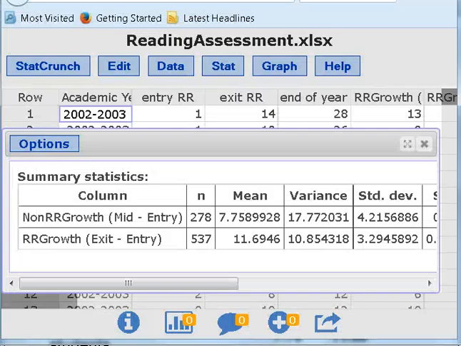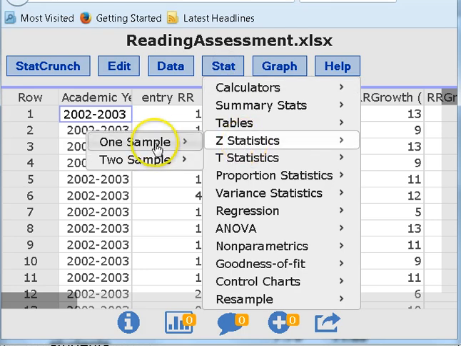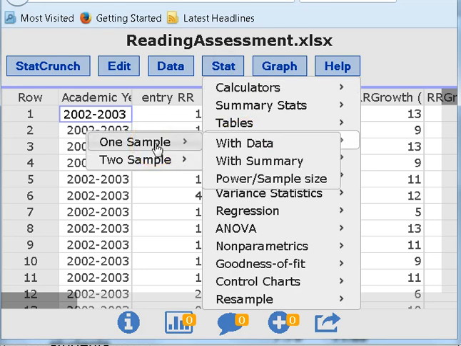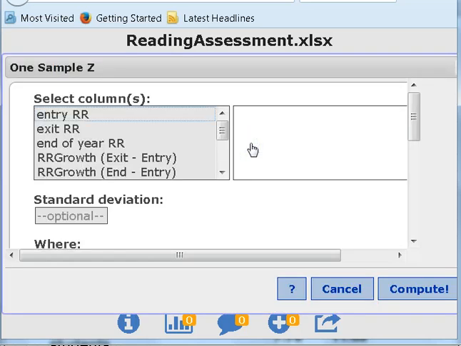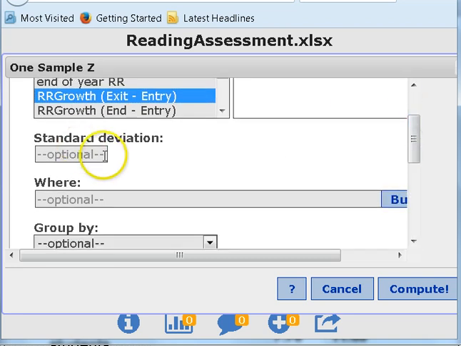To conduct the test, what I'm going to do is go under Stat. It is a Z statistic. We have one sample. We're just going to be examining the reading recovery students. Now, we have the data, so I'll put that in. We're going to select the reading recovery growth scores. The standard deviation of the population I'll put in here is 4.21.